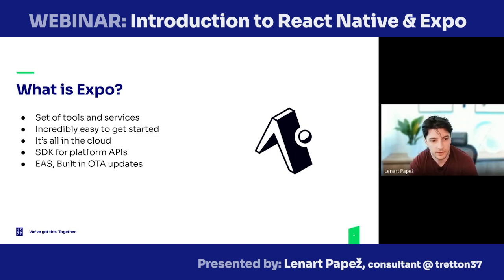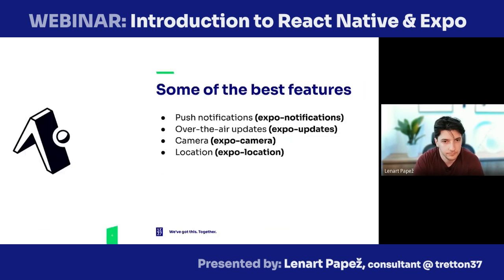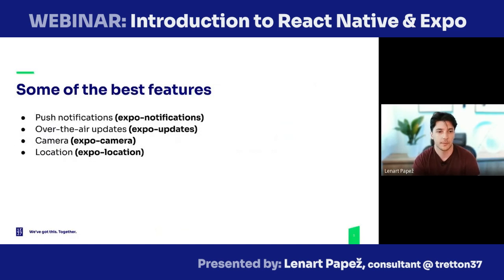Expo built that for us, so we don't need to touch any of Objective-C or Swift or Java or Kotlin. And the main feature of Expo is, of course, the Expo application services, which offers easy steps to build our app, to submit our app to the App Store, to push the over-the-air updates, and a couple more features. Of course, as I mentioned, push notifications.